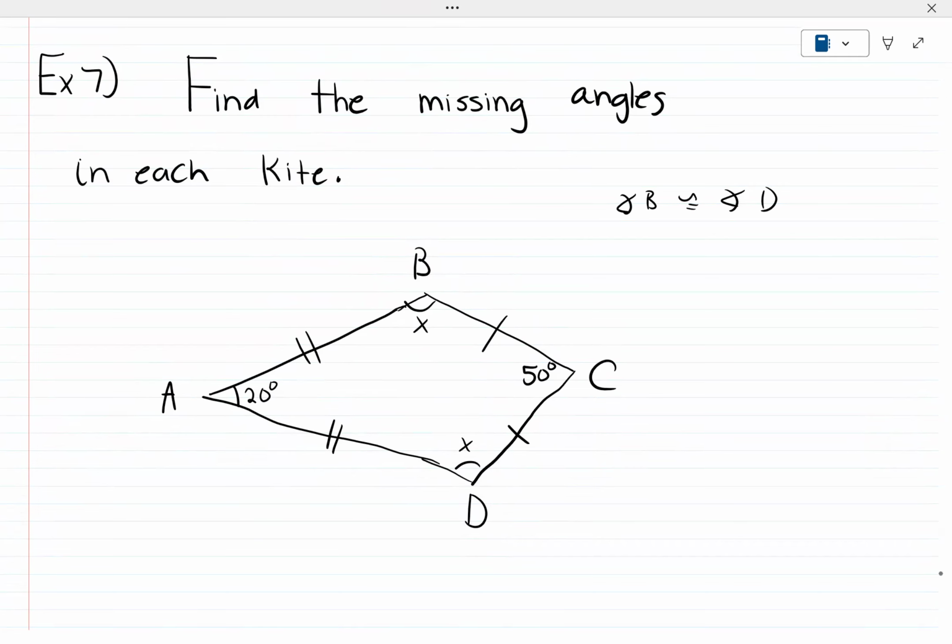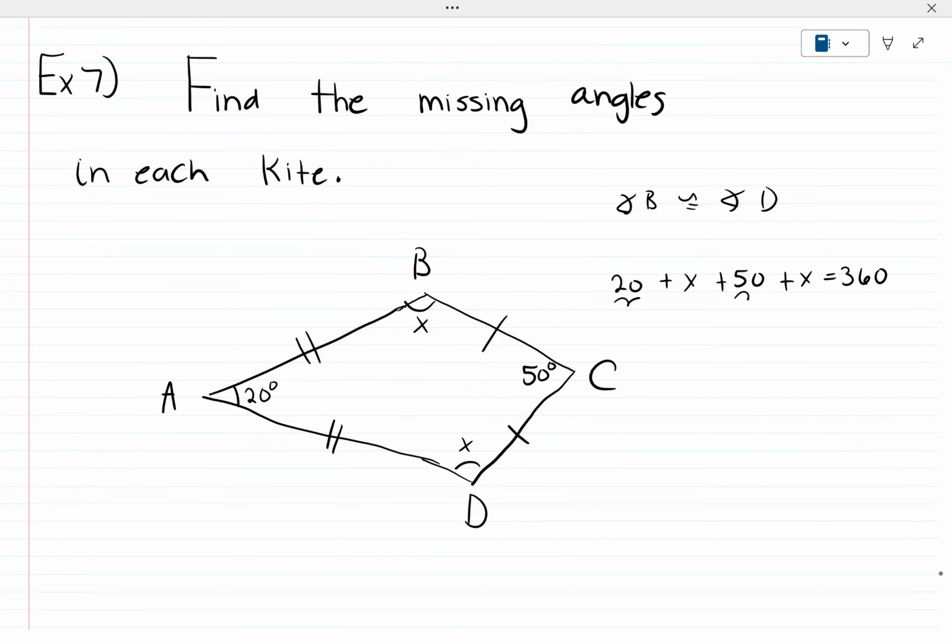So let's add up all the angles and see what happens. We have angle A, which is 20, plus angle B, which is x, angle C is 50, angle D is also x, and they should add up to 360.